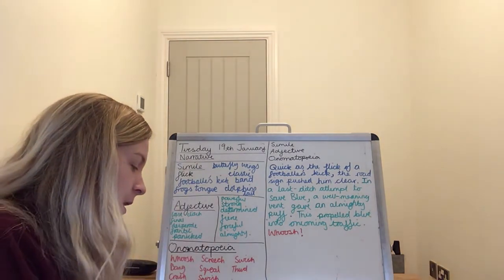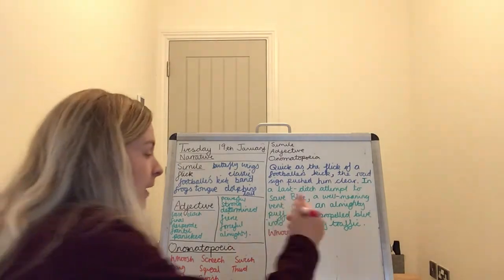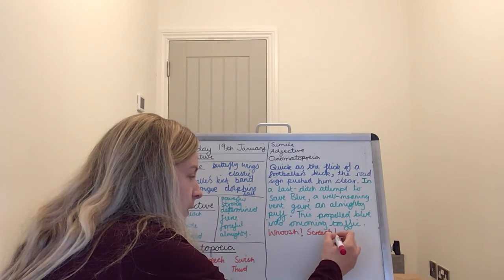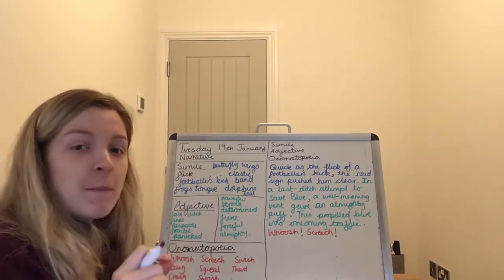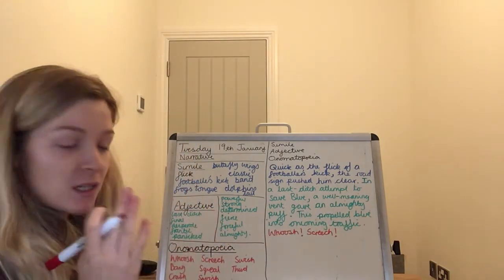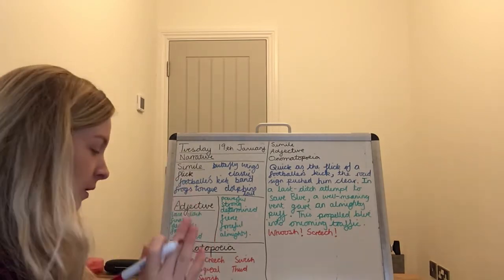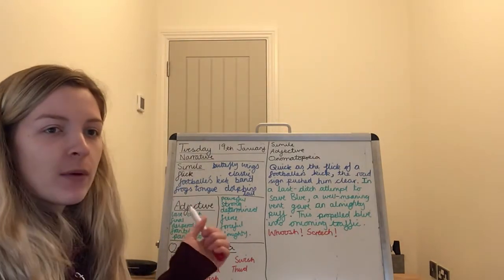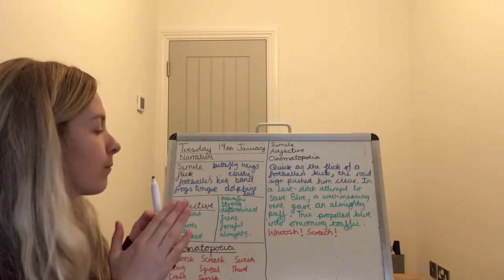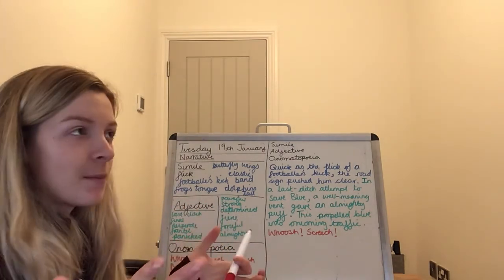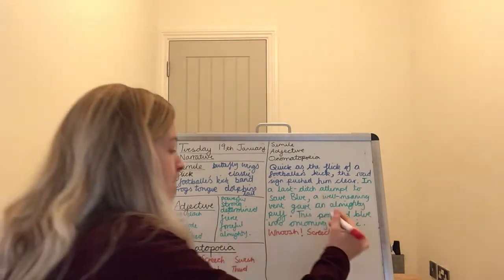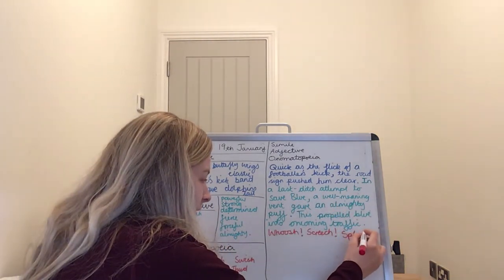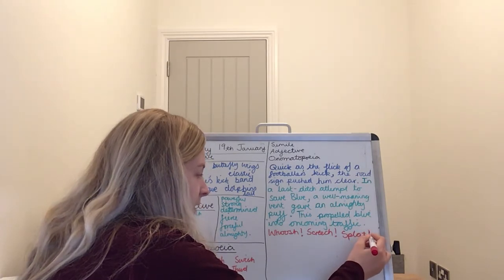Here comes an onomatopoeic word for the car or the lorry or whatever it is coming towards him. Screech, maybe. Screech, exclamation mark. Remember, capital letter for each of these words. It's its own sentence, one word on its own. And then last onomatopoeic word to describe, perhaps bang, perhaps thud, perhaps splat. Poor Blue. Splat. Exclamation mark.